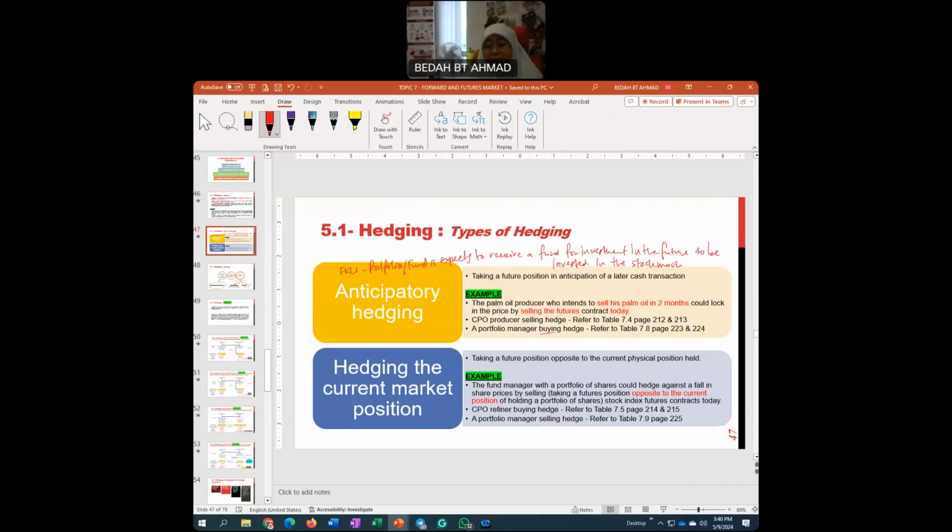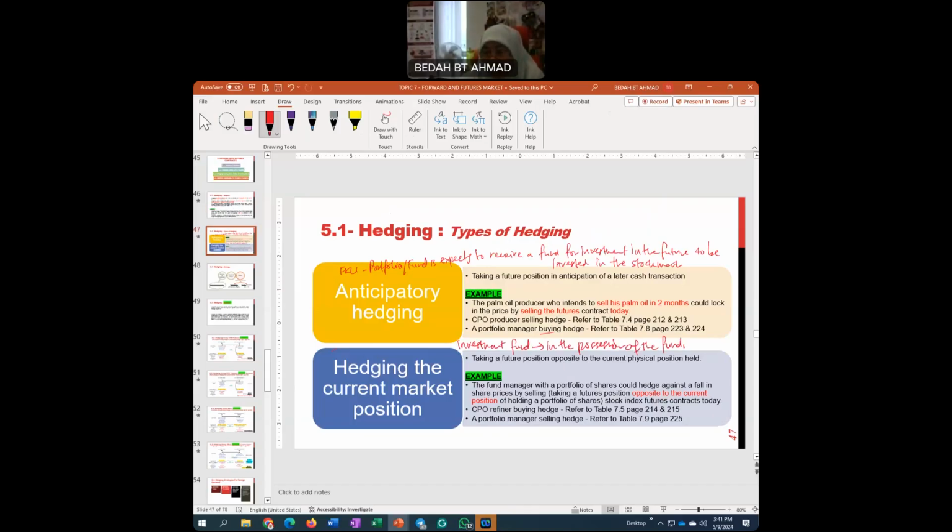For the investment fund that is already in the hands of the portfolio or fund manager, the manager needs to hedge the current market position. So this for the FKLI refers to the investment in possession. Let me improve the handwriting. So this one refers to the investment fund in the possession of the fund manager.